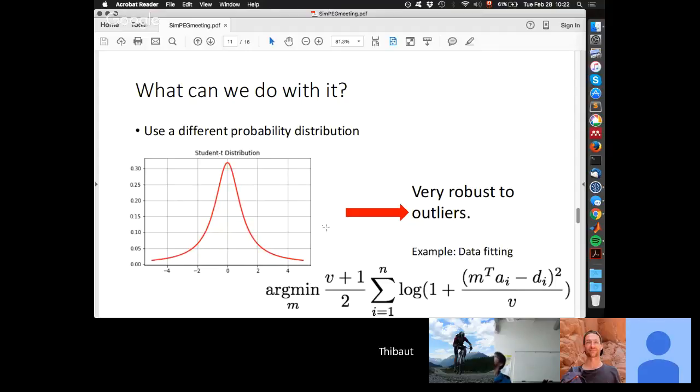Another distribution that I think is really cool is the Student's t distribution. It's like a Gaussian, but with heavier tails. So it's very nice for outlier detection, or if you know that most of your data are good but you also have a lot of outliers that are hard to detect, and enough of them that they basically skew your distribution.